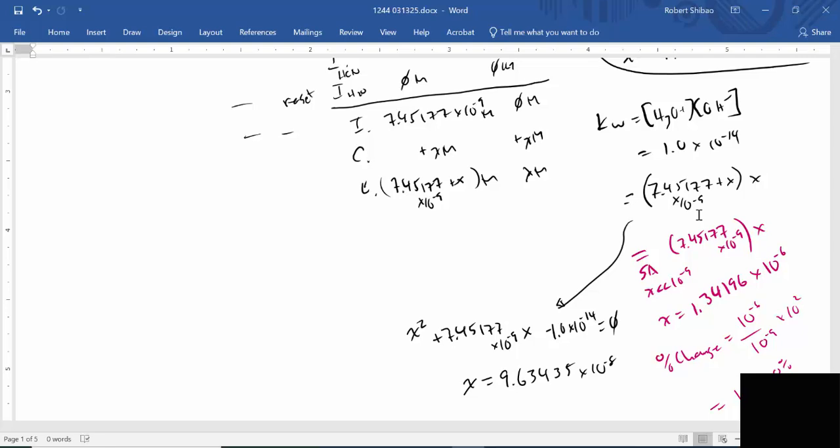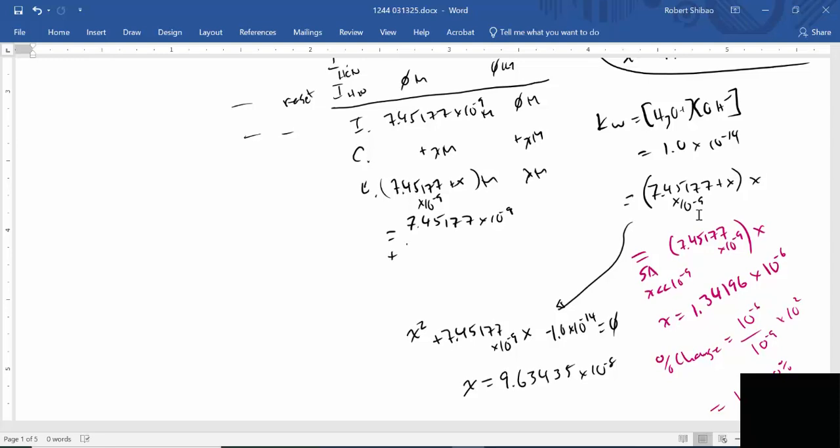If I make the exponential 1 smaller, then I have to make the coefficient 1 bigger, so that way I can just add these up easily. So this is going to equal 7.45177 times 10 to the minus 9 plus 96.3435 times 10 to the minus 9.